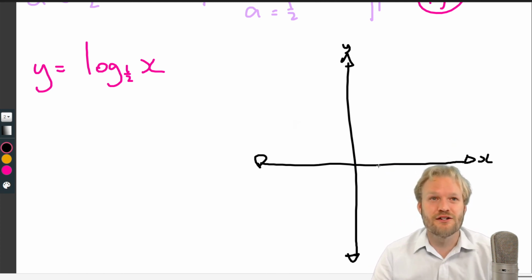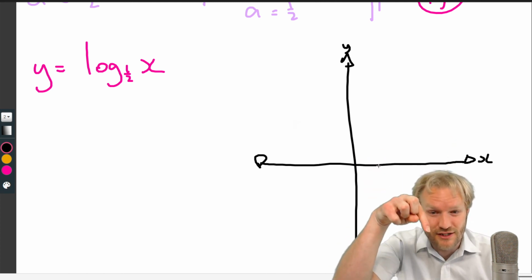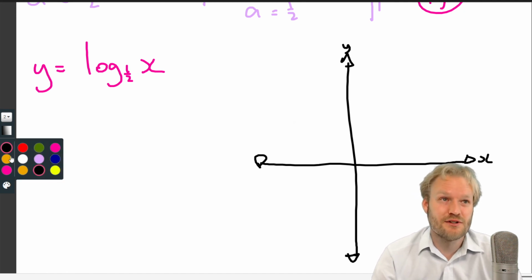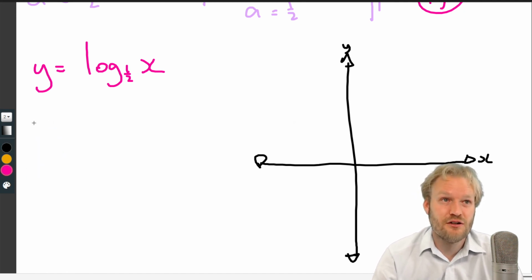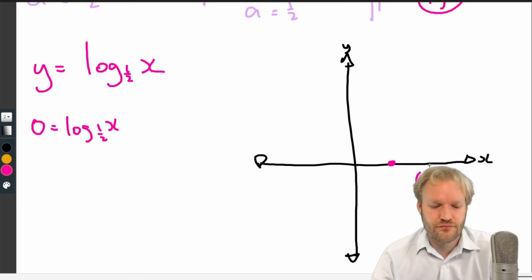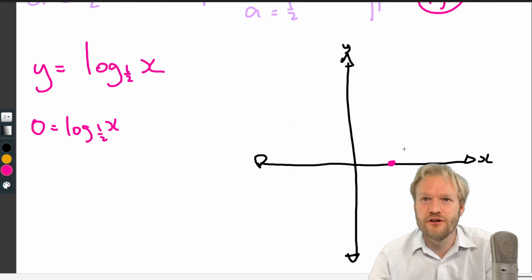We know that this graph is decreasing, so it's going down. Our x-intercept, let's work out. 0 equals log base half of x. Well, a half to the 0 equals x. So again, x is going to be this point here, (1, 0). Let's do it over here, actually. (1, 0).